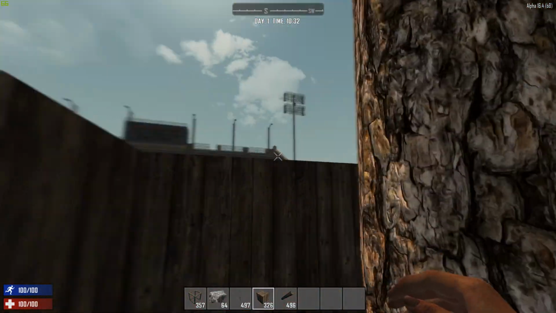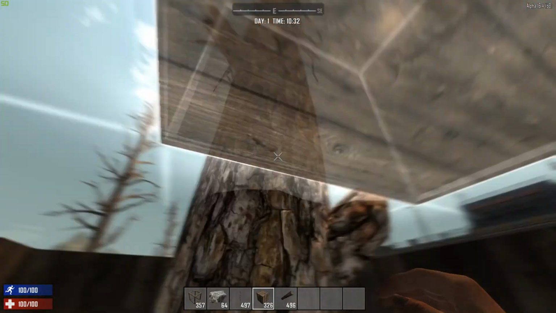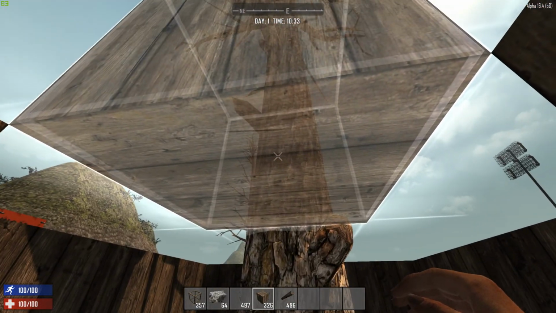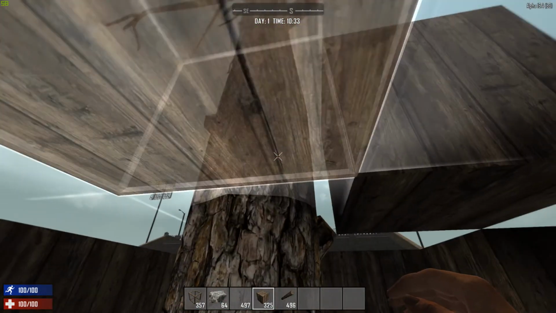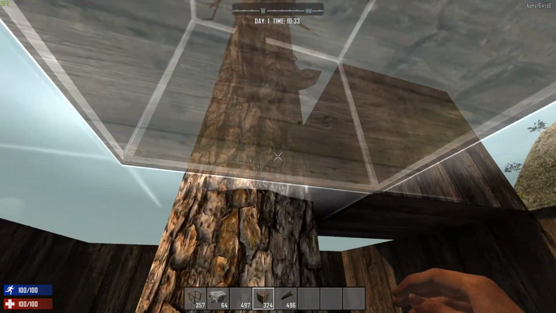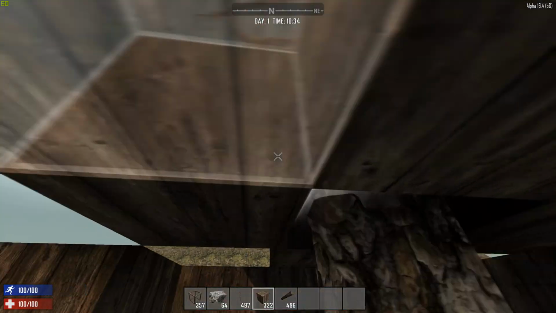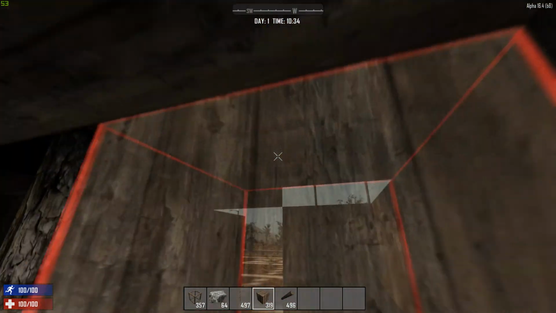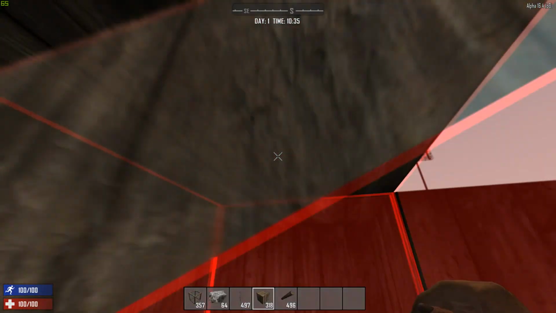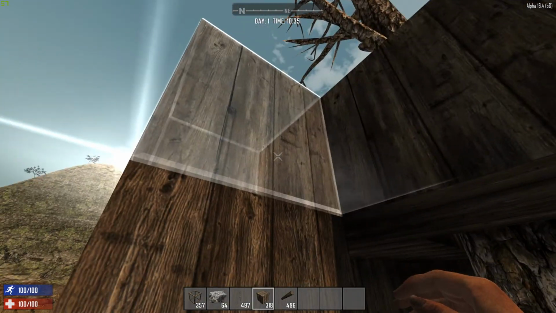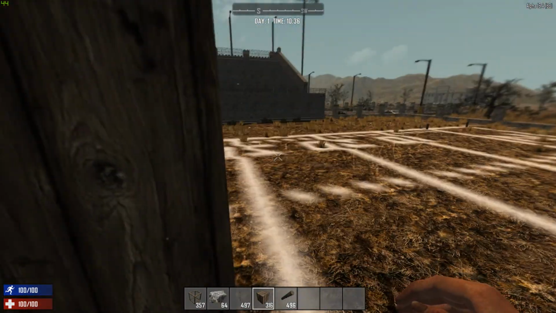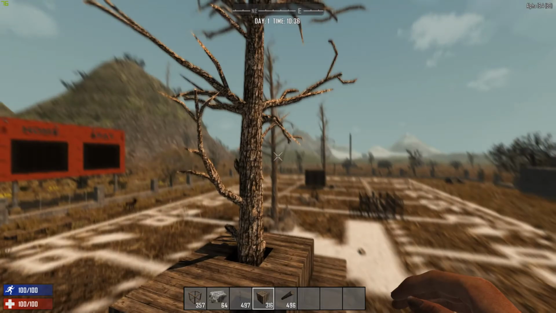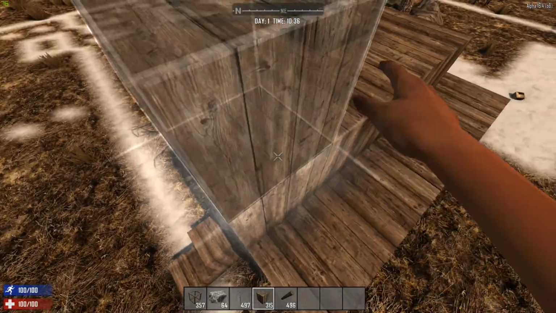That means we cannot add another level here. We can put a roof, but it will have to be a pretty low roof, just 2 blocks. Just 2 blocks on each side.